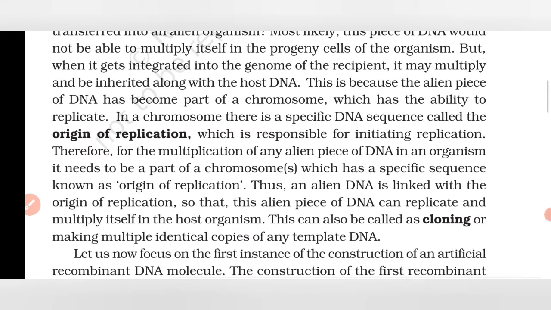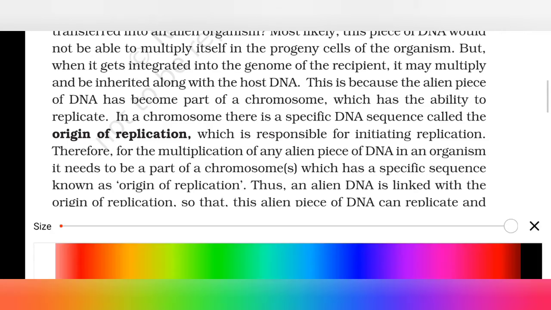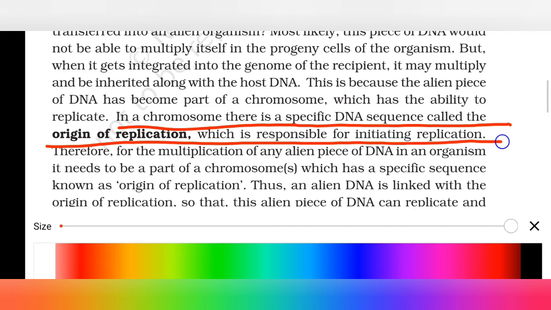This is because the alien piece of DNA has become a part of the chromosome, which has the ability to replicate. In the chromosome, there is a specific DNA sequence called origin of replication. Mark this, this is very important. In a chromosome, there is a specific DNA sequence called origin of replication, which is responsible for initiating the replication.